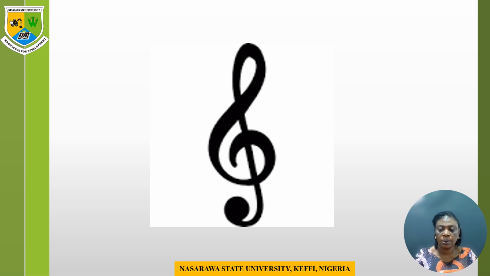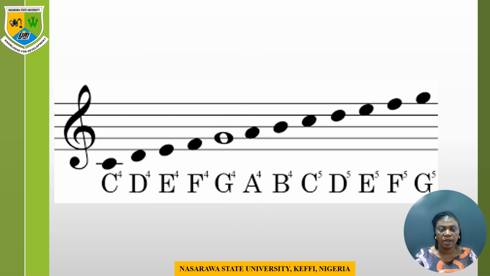This is also the G clef, the G notes, and this is the note on them. The next slide shows the notes on them. You see, we have the D, we have the E, we have the F, we have the G, and so on.